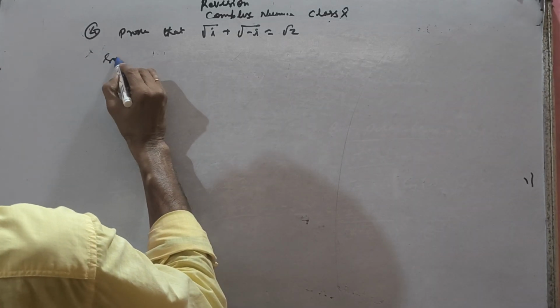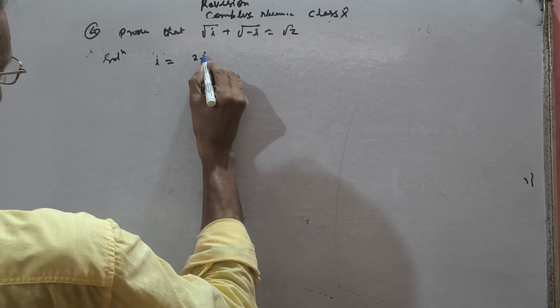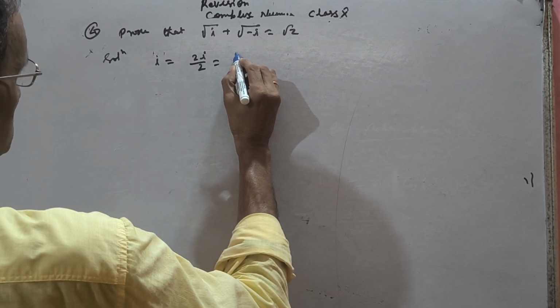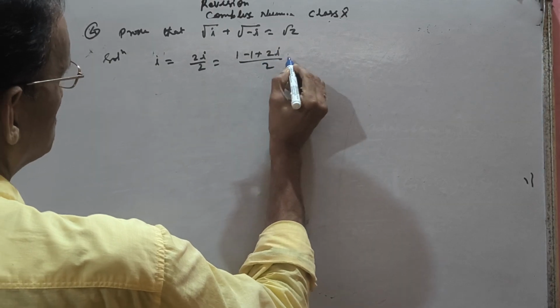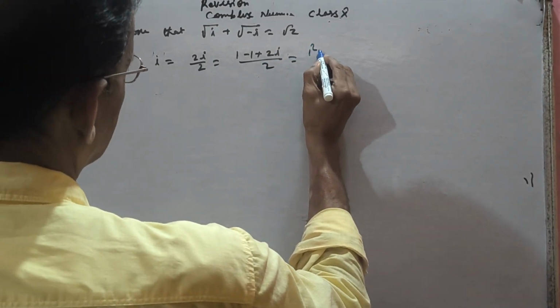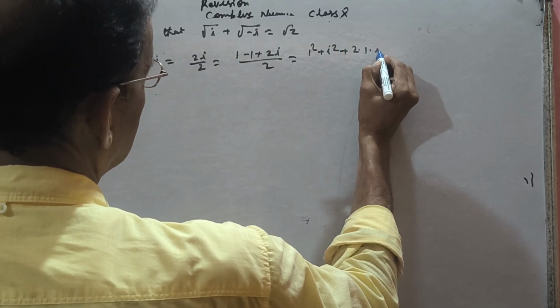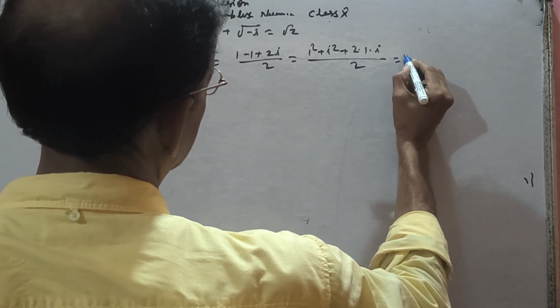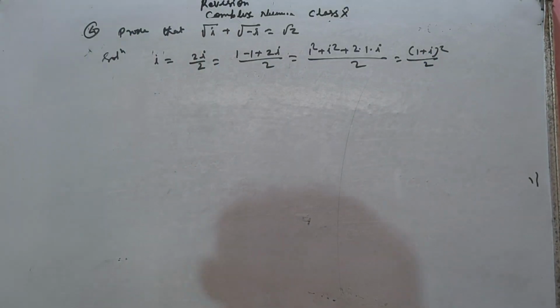To start the solution, see, I is what? Twice I by 2. This is 1 minus 1 plus twice I by 2. This is 1 square plus I square plus 2 into 1 into I, by 2. So actually this is 1 plus I whole square by 2.